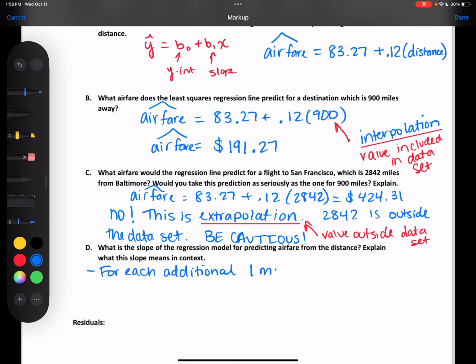1 mile, okay, because distance is what we're changing. It's our explanatory variable. For each additional 1 mile of distance, airfare increases by 12 cents, okay? Because the 0.12 would be 12 cents.